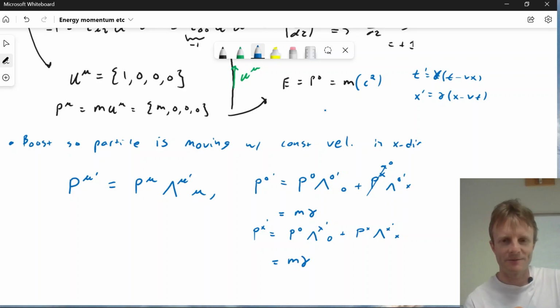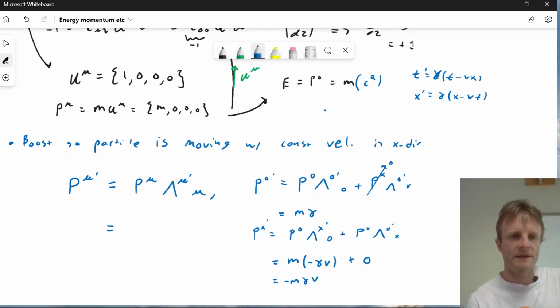I'm saying gamma for these big ones. These are lambdas. Minus γv. Yep, that's right. I wrote x first here instead of t. Thank you. Okay, well, we'll figure out the sign when we're done. And p^x was also 0. And so this is minus mγv.